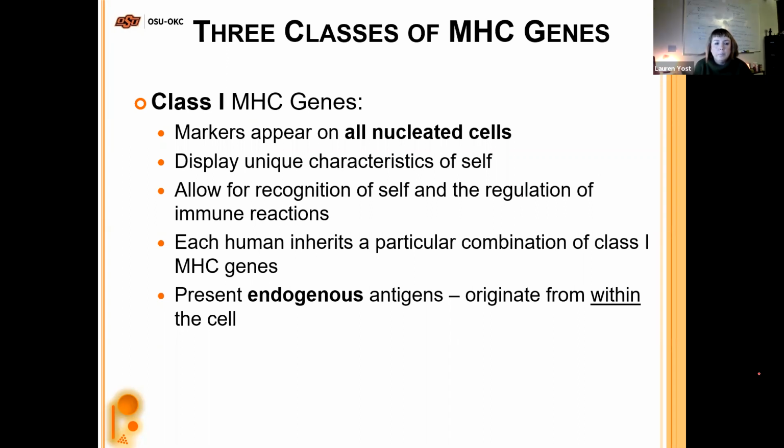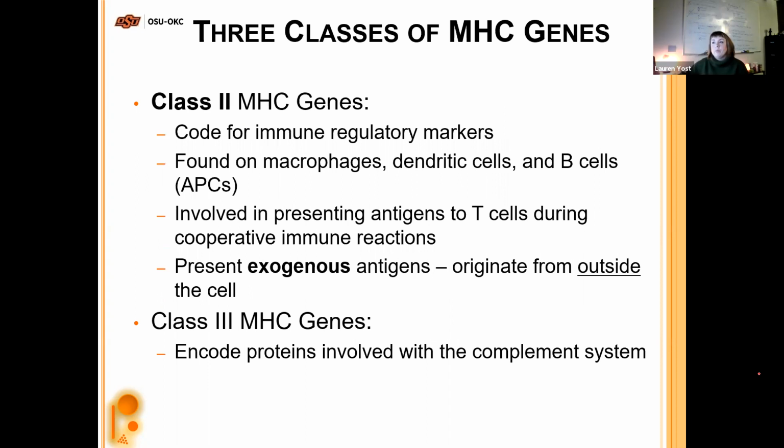Each person has their own combination of class 1 MHC genes that they can combine. And then endogenous antigens are always presented on these, so stuff that came from within the cell, like viral molecules, is going to be presented on MHC1.